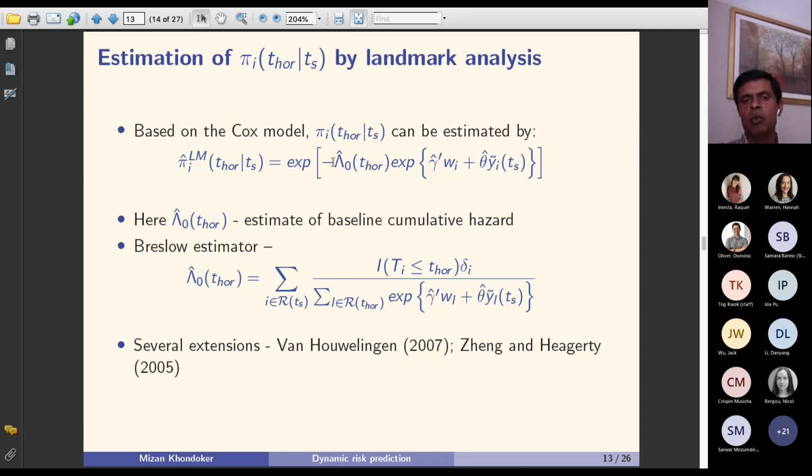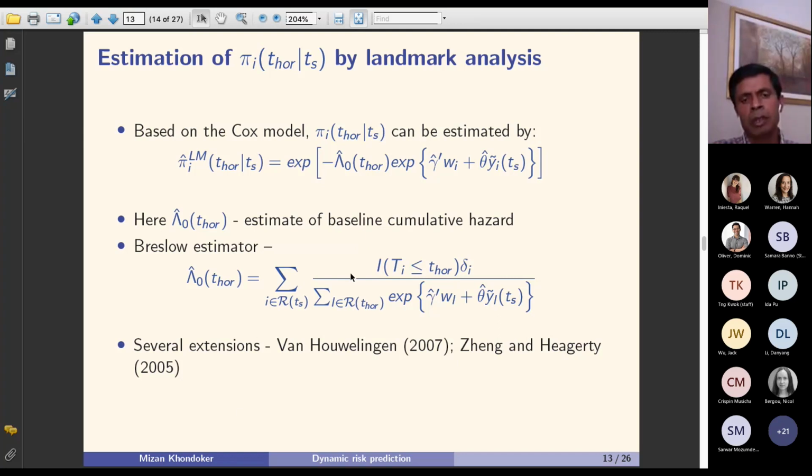This is the baseline cumulative hazard in the survival function, and this parameter comes from the fitted Cox regression model, and everything else is known here. One simple estimate for the baseline cumulative hazard is the Breslow estimator. So once you fit a Cox regression model, you can use the Breslow estimator to estimate the baseline hazard. It is quite simple to get dynamic prediction based on landmark analysis.